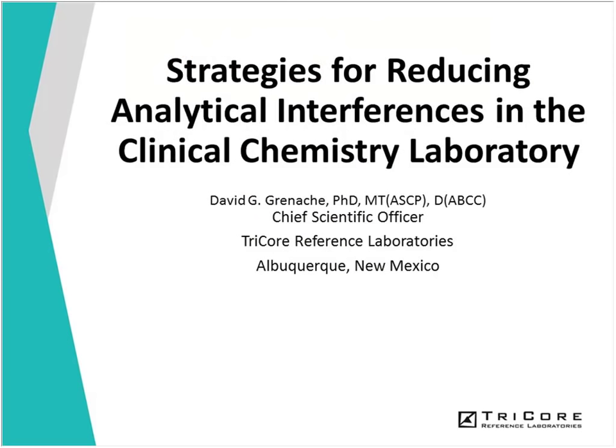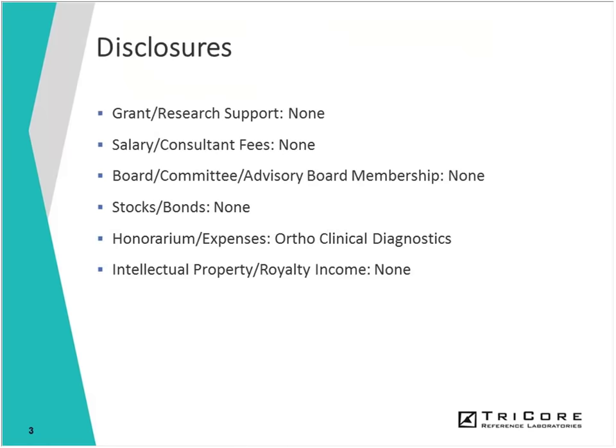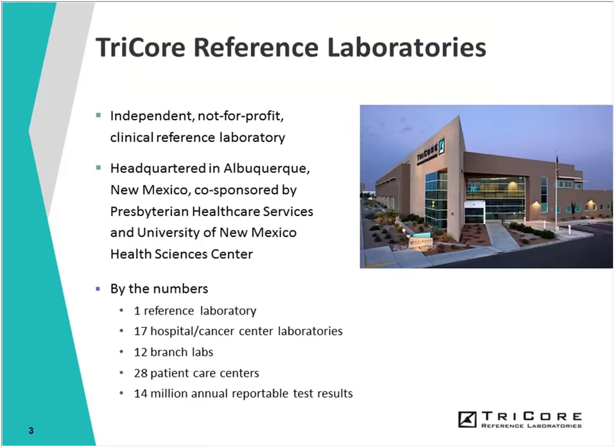So here are my disclosures. And before I get started, I want to tell you a little bit about Tricor Reference Labs, where I work. Tricor was formed 20 years ago as a not-for-profit company in partnership with the state's two largest healthcare providers, those being the University of New Mexico Health Sciences Center and Presbyterian Health Services. We are the largest clinical lab in the state, and we operate as a hub-and-spoke model.